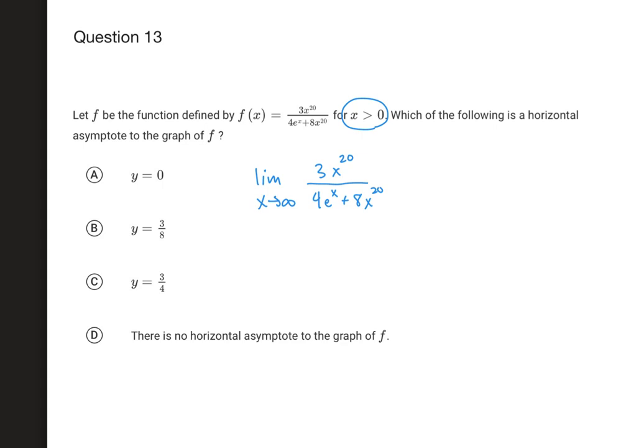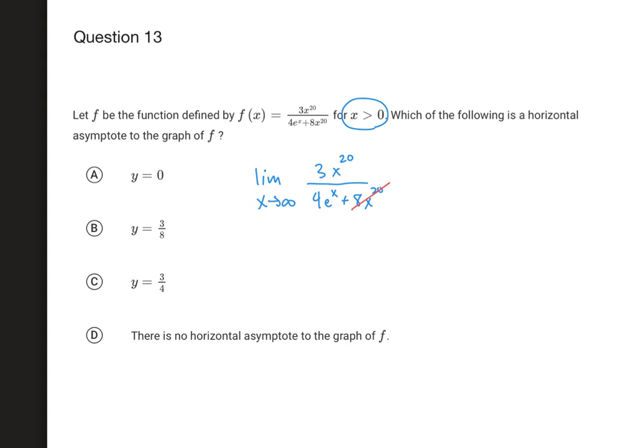So that means this term here doesn't matter. Same idea, the 3x to the 20th on top will be insignificant to this exponential on the bottom at some point.